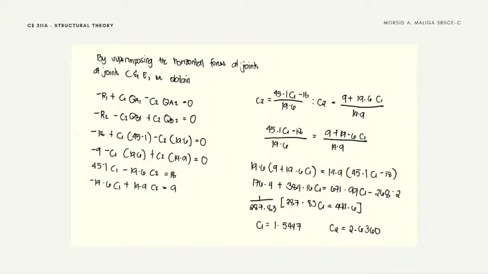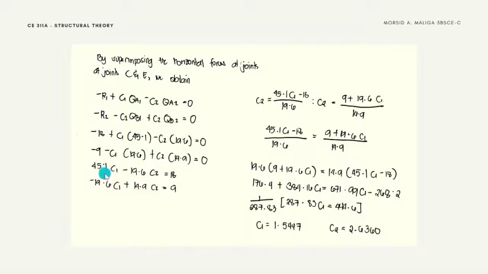So by superimposing the horizontal forces at joints C and E, we obtain these. So using the horizontal forces at our joints C and E, we obtain two equations in order to get the C sub 1 and C sub 2.